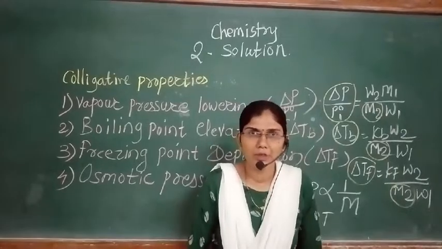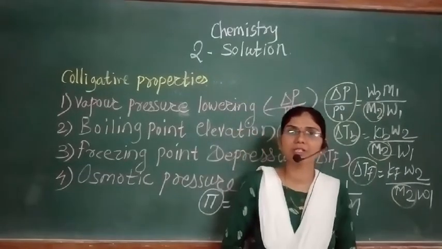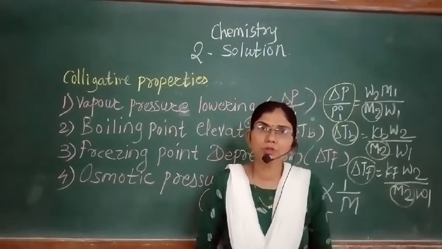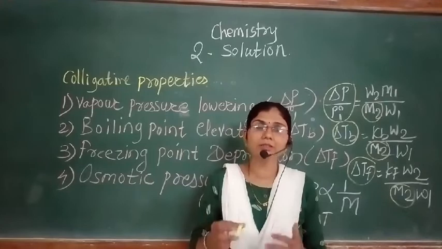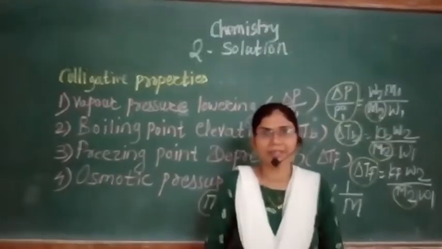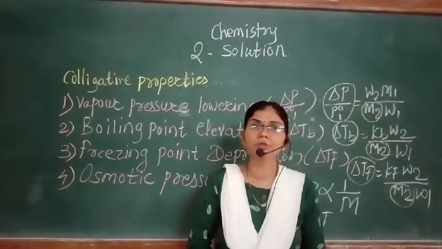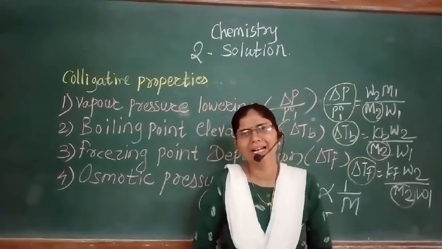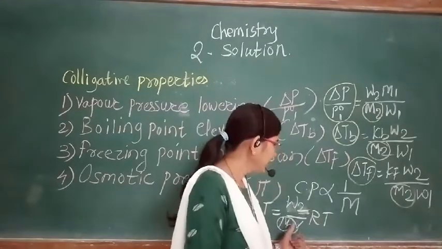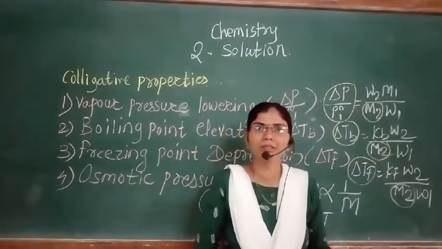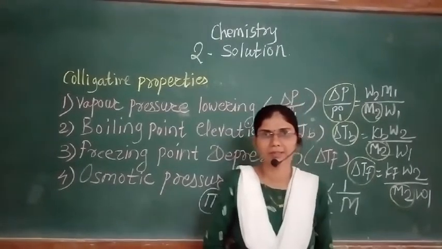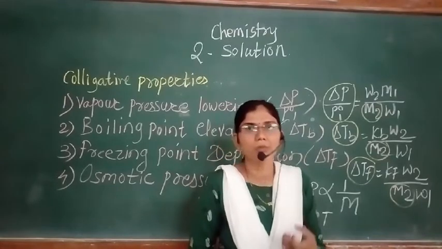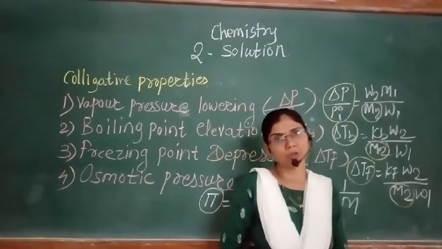But as we know, osmotic pressure is related with osmosis, and in that osmosis we use the solutes. Osmosis is produced due to solutions which are separated by a semipermeable membrane, and therefore this fourth property is helpful to measure the molar mass of the solute for macromolecules.